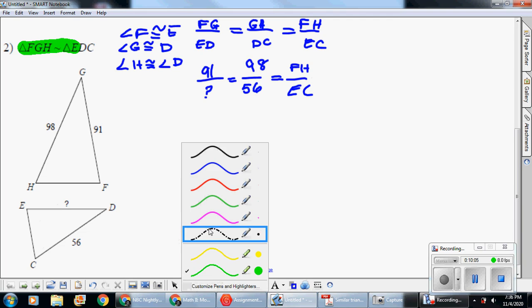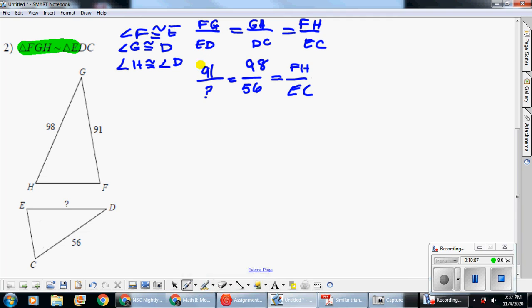Now, what I recommend is focus only on this part of the problem. I don't need the other part. This would allow me to solve the problem. So the way you do it is you cross multiply and put the answer on one side. So that'll be 91 multiplied by 56.